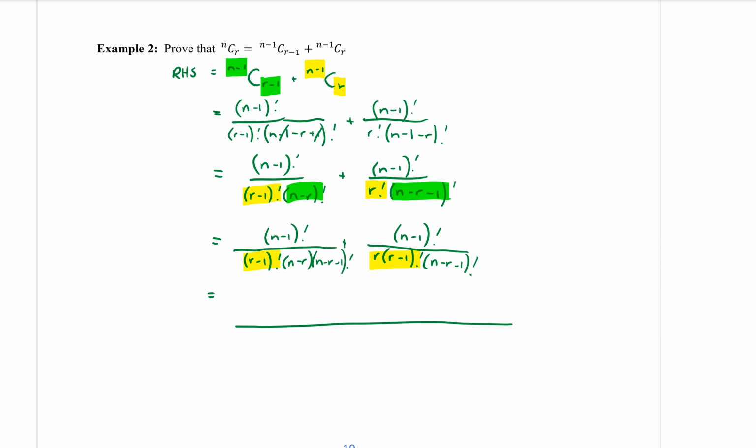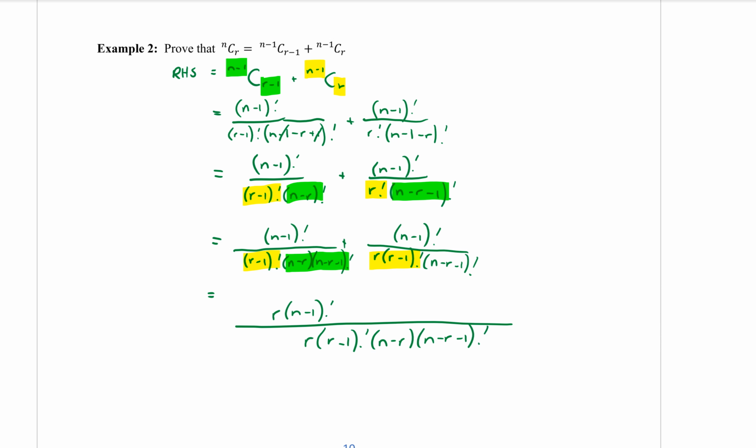So I'm going to have to multiply the r to the top, which will be r times n minus 1 factorial. I'm going to need both the r and the r minus 1 factorial on the bottom. I'm also going to need both of those brackets on the bottom, which is n minus r times n minus r minus 1 factorial.